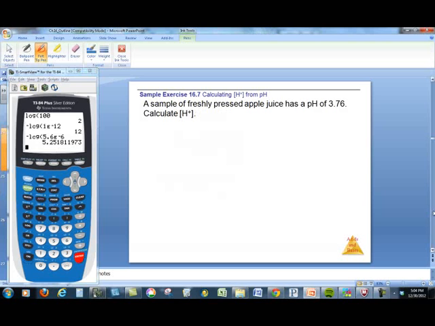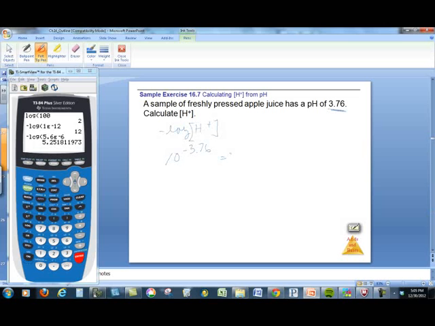Alright, a sample of freshly pressed apple juice has a pH of 3.76, and we want to calculate the H plus. Okay, so what we said was pH is the negative of the log of the H plus, which means if I have a base 10, this is what I have: 10 to the minus 3.76, that's what the H plus is, right?